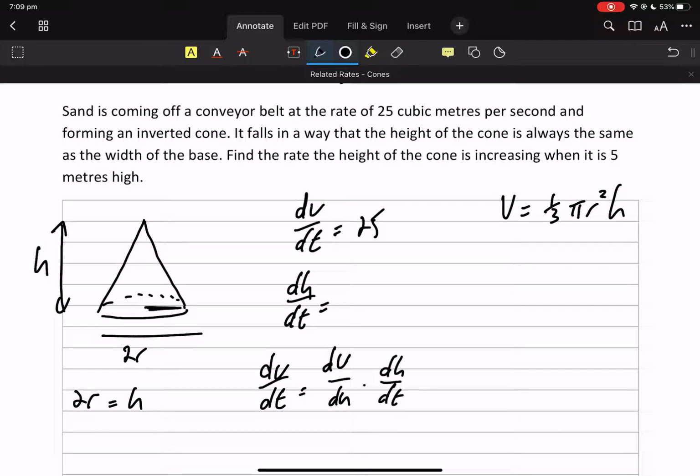Clearly we can't differentiate V because we've got an R and an H. We need to leave that H there because I need a dV/dH. So I need to get rid of the R. This is the job of that relationship over here. So R is H on 2.